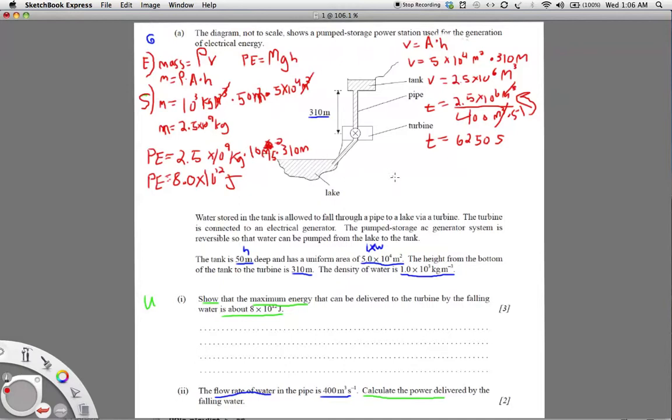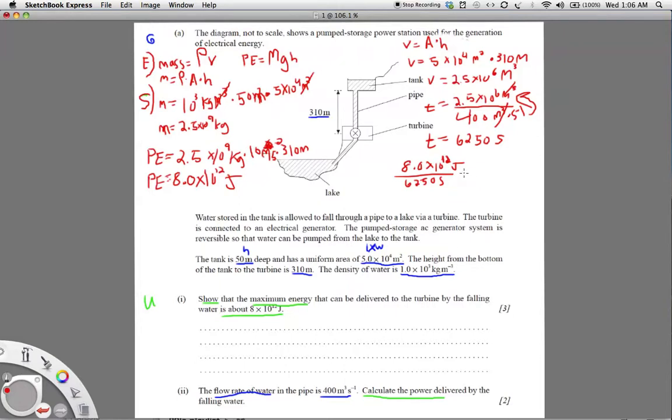Now all we do is we take that total energy produced, the 8.0 times 10 to the 12th joules, and divide it by the total time that the water's falling out, 6,250 seconds. Our final answer is going to be joules per second, which is watts. And that's what it's asking for, the power.